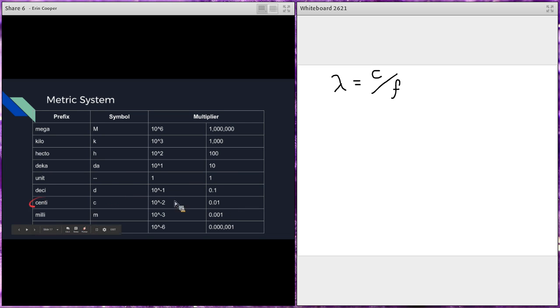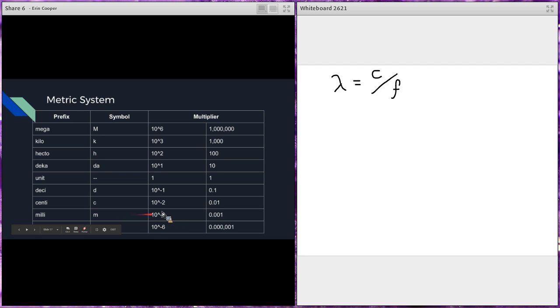If I have a centimeter, that means I have 10 to the negative 2, or 1/100th of a meter. So don't confuse centi with hecto. Hecto means you have 100 of it. Centi means you have 1/100th of it. In other words, 0.01.